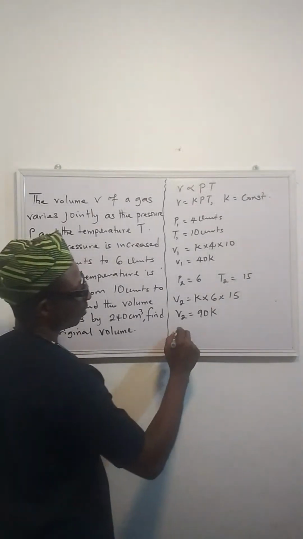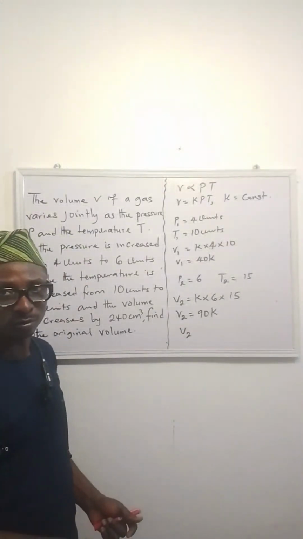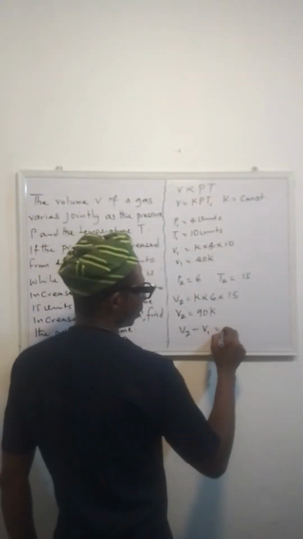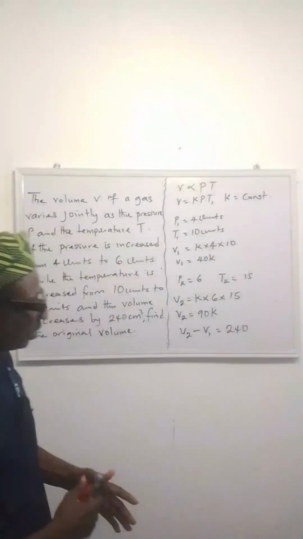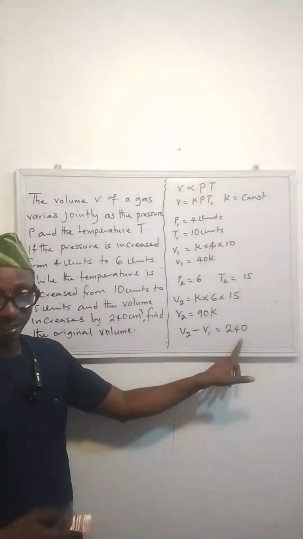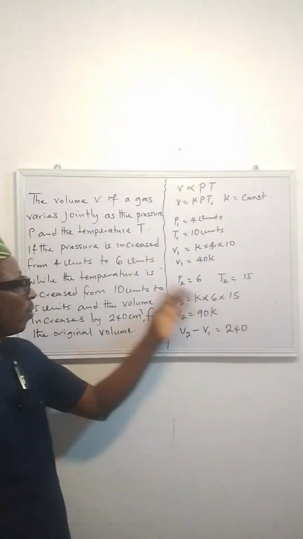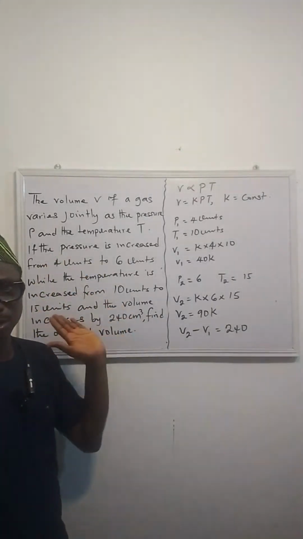V2 minus V1 gives us 240, because this is the increment. This is not the new volume, but the increase in volume when the pressure and temperature change.